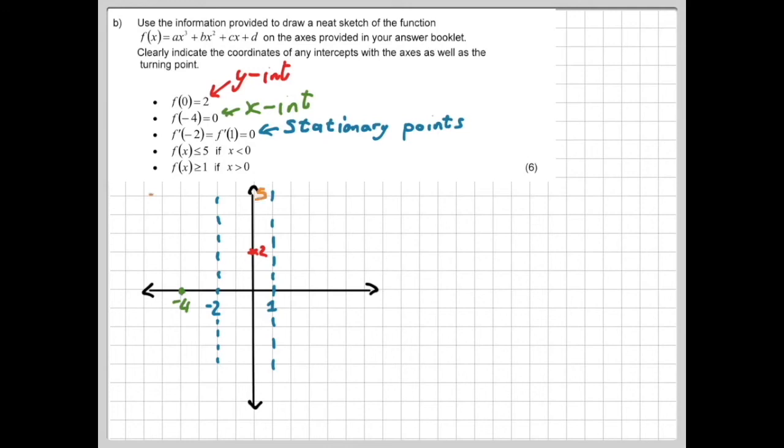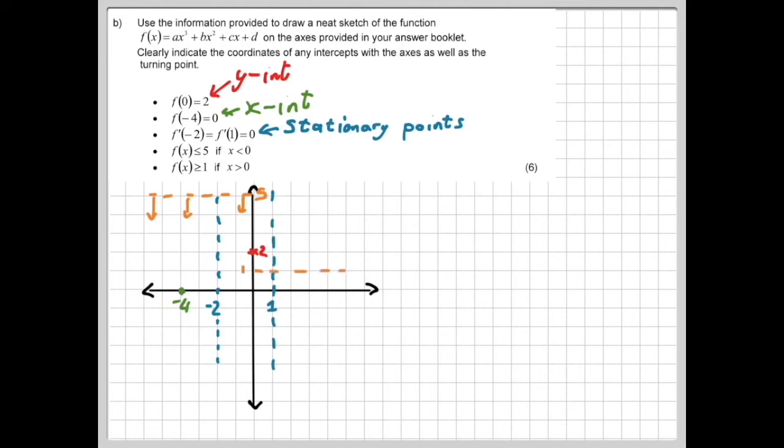In other words, if I draw this on the left-hand side of 0, it creates a barrier for myself that my function values never go above 5, but they can equal 5 there as long as x is smaller than naught. And the same happens on the right-hand side of naught. They tell me that f(x) is larger or equal to 1.